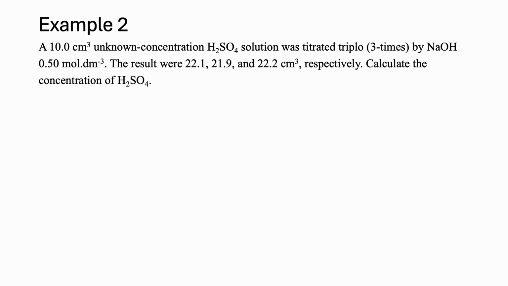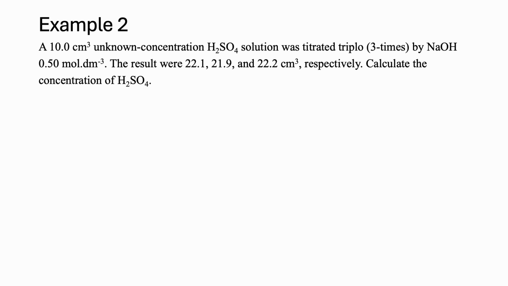Example 2. A 10 cm³ unknown concentration H2SO4 solution was titrated triplo, or 3 times, by NaOH 0.5 mol/dm³. The results were 22.1, 21.9, 22.2 cm³ respectively.